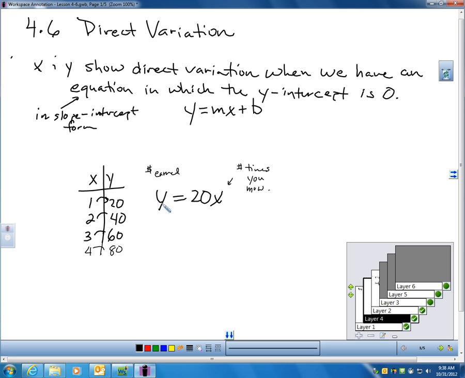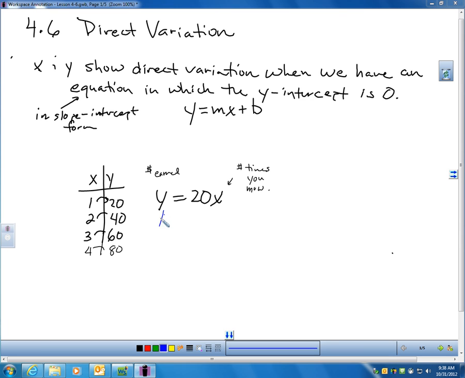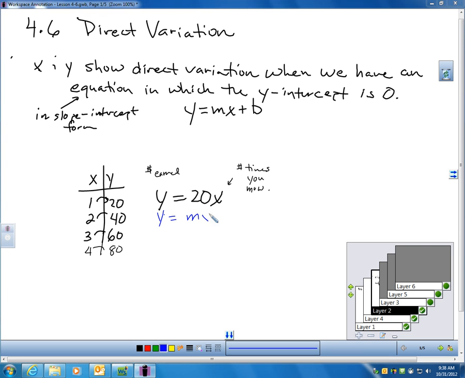Remember, slope-intercept form looks like this, y equals mx plus b. Well, you can see in the situation that I made up, the slope would be 20, but there's nothing being added to this. That means my y-intercept in this case would be 0.